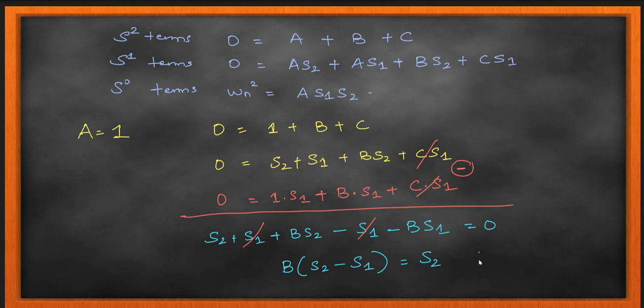When I multiply my first equation with s1, I get the third equation written here, and then I am just subtracting these two, and that eliminates my c s1 minus c s1. Right, so the variable c is now eliminated, and then I'm left with other terms which include my variable b. And then simplifying it again, I'm getting my b is equal to s2 divided by s2 minus s1.